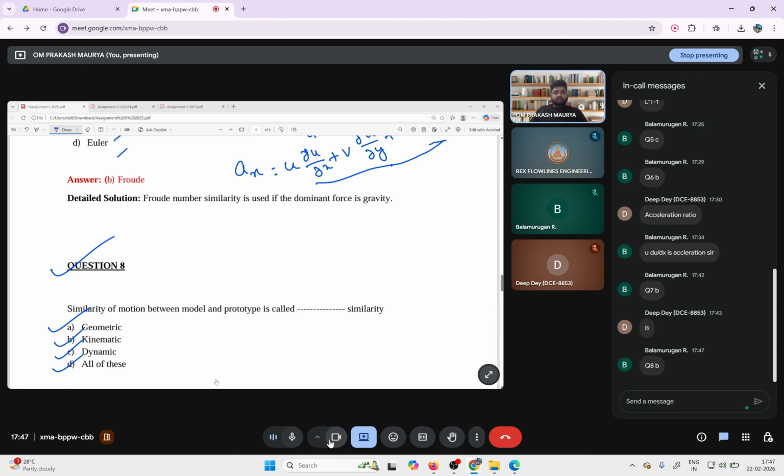Other students, please also try to write your answer in the chat box. The similarity of motion between model and prototype is called what? Very simple question.